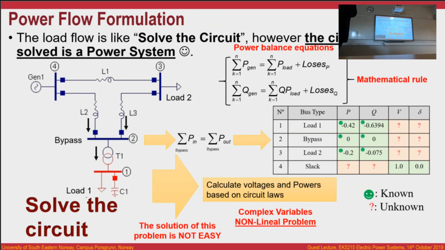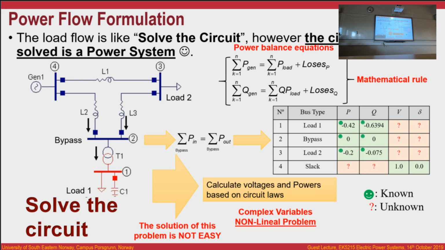But here, power for serious people, not for kids. And it's not for kids because first, the voltage in this bus bar, remember voltage? I said angle and magnitude. When I am talking about magnitude and angle, it's because I am talking about phasors.